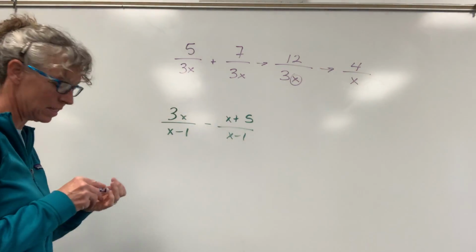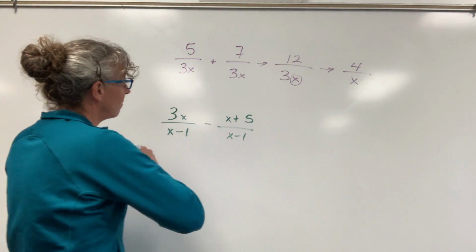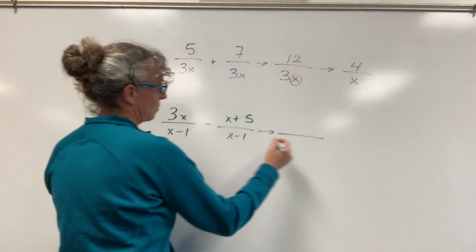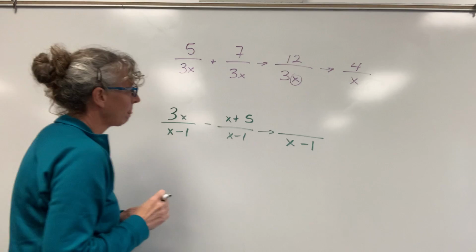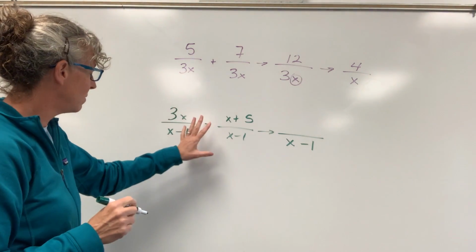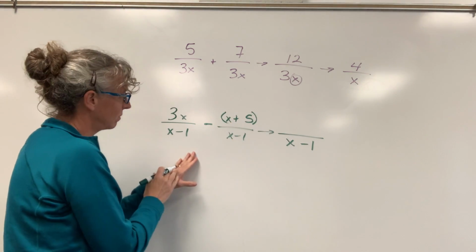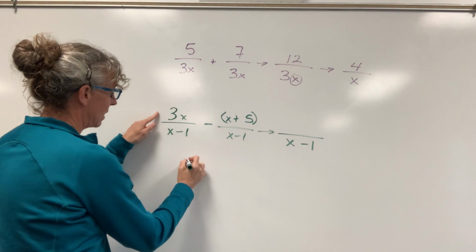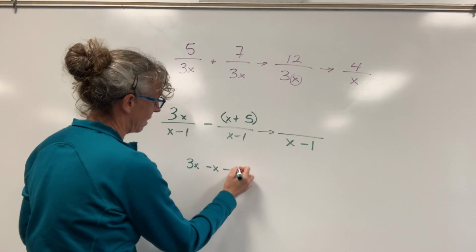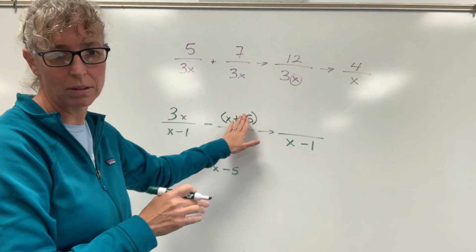Okay, now let's look at this next one here in green. Thankfully this one also has a common denominator. So I put x minus 1 as my common denominator. And then this one, careful, is subtracting. You have to be careful because this is subtracting this entire thing. So it's really, I'll write it down here, 3x minus (x minus 5), because that subtraction sign applies to everything on the top here.